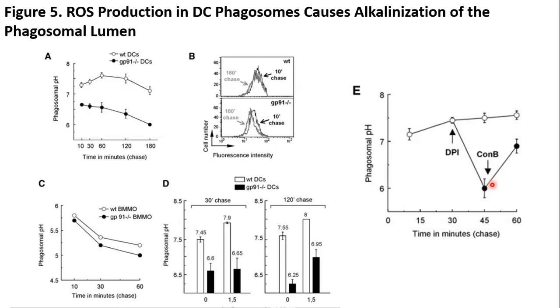So here there's no NOX2, but when they inhibit the V-ATPases, they can increase the phagosome pH a little, showing that the V-ATPases have a role in the acidification of the phagosome pH.